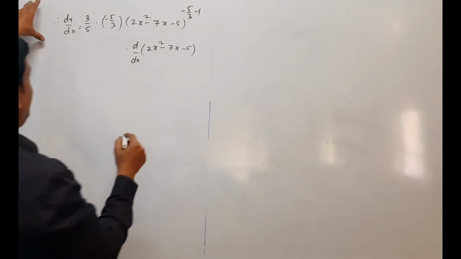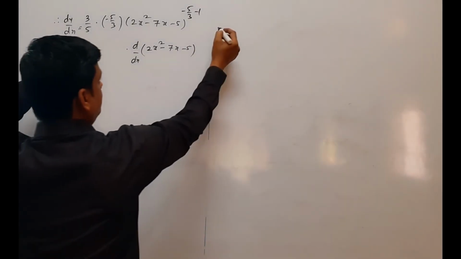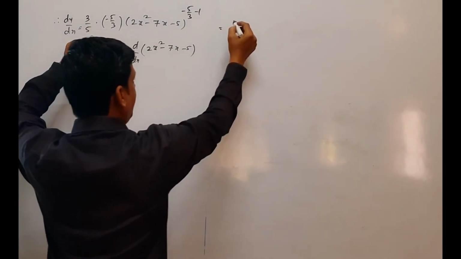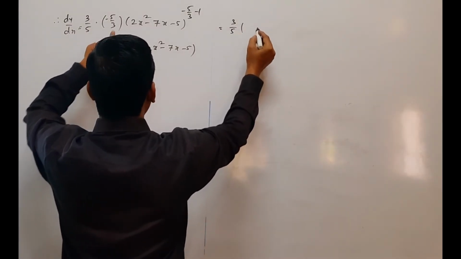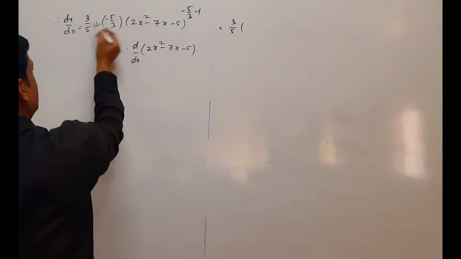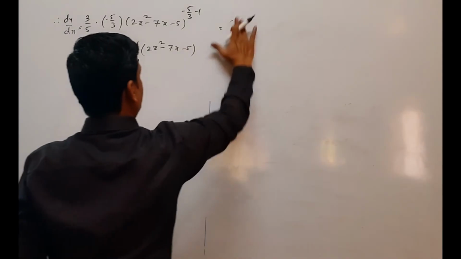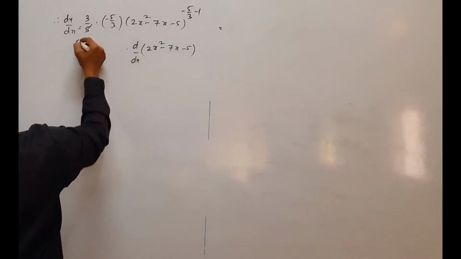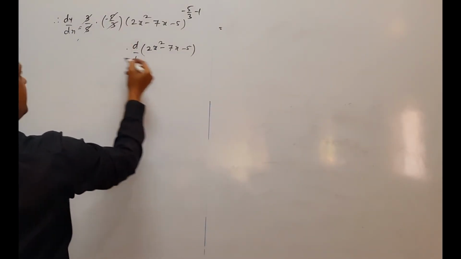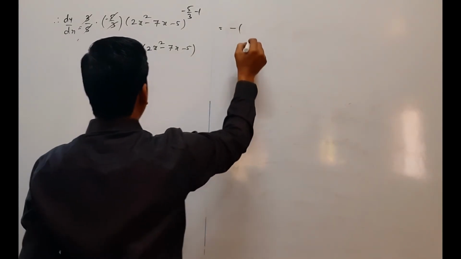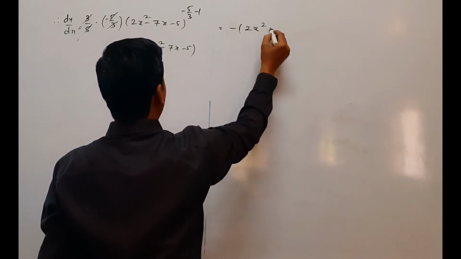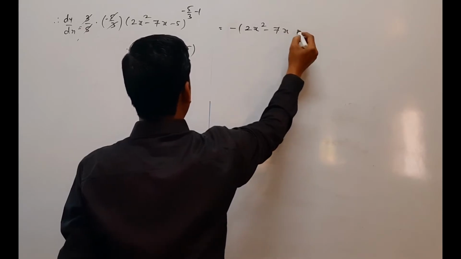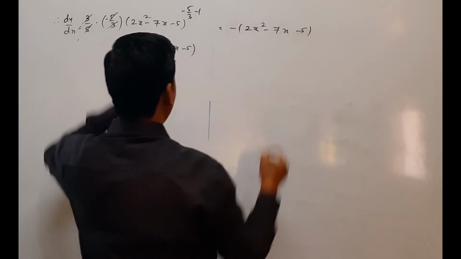So we write this as 3 by 5 into, so we simplify this first. So here this 5 gets cancelled, 3 gets cancelled, so minus in bracket 2x square minus 7x minus 5 raised to the power.